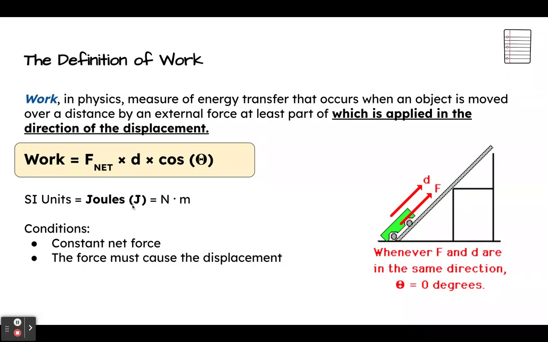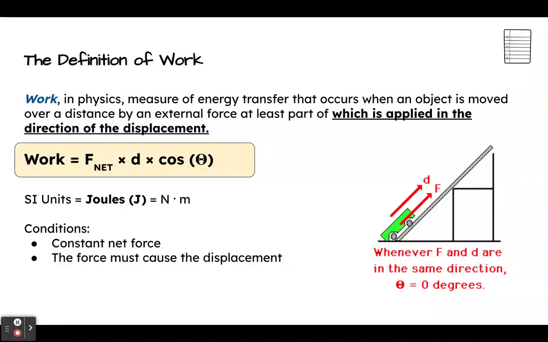The units are going to be joules still. You'll notice that it's newtons times meters, which is the same thing as a joule. And then here are my conditions for work. There's two conditions. It needs to be a constant net force. Now, in physics, oftentimes you'll see a non-constant net force, and that's fine.